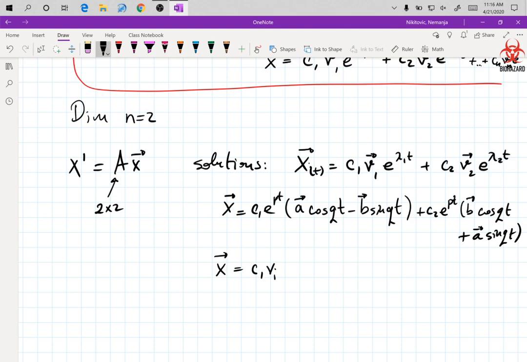So C1 V1 e to the lambda t plus C2 (V1 t plus V2) e to the lambda t. So again, remember how we used to multiply by x?